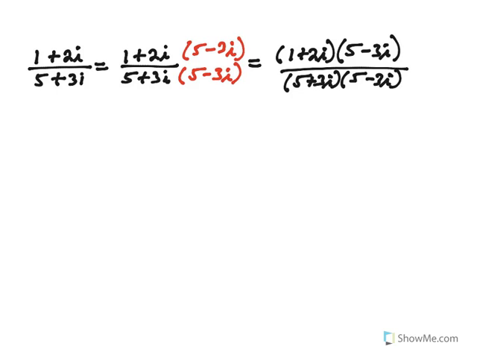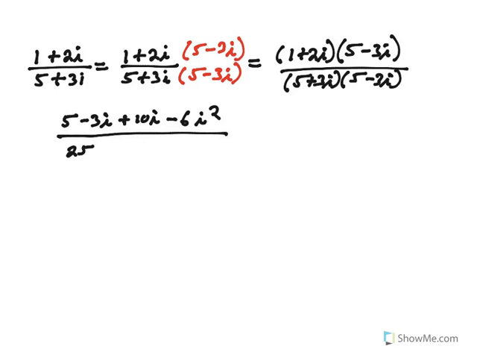So 1 times 5 is 5. 1 times minus 3i is minus 3i. 2i times 5 is 10i. 2i times minus 3i is minus 6i squared, right? 5 times 5 is 25.